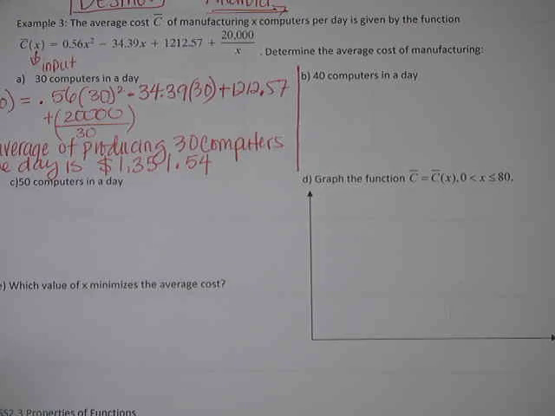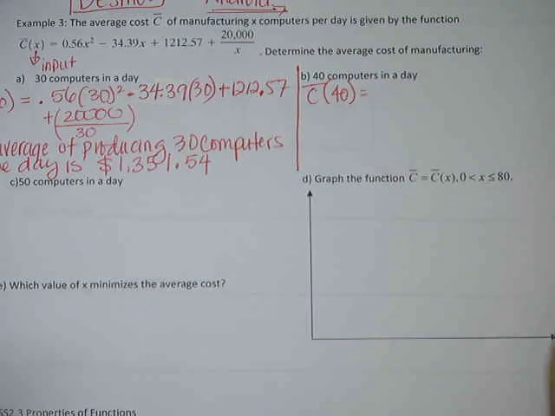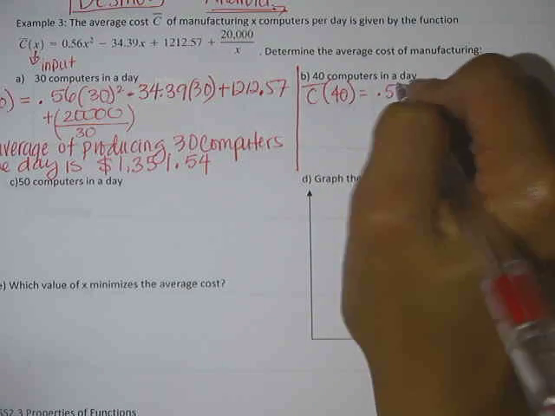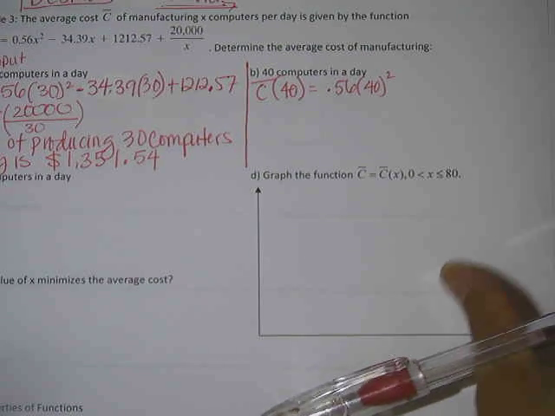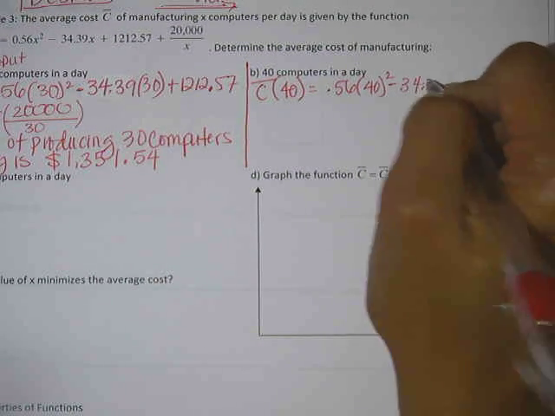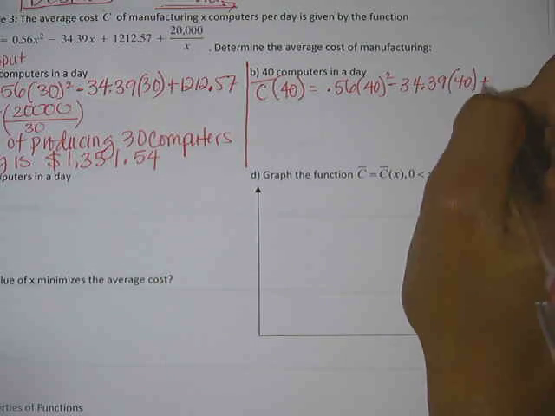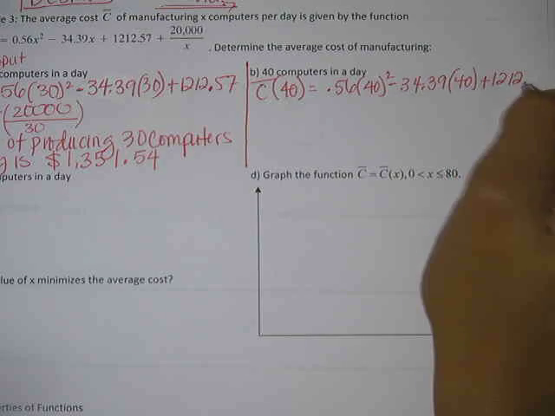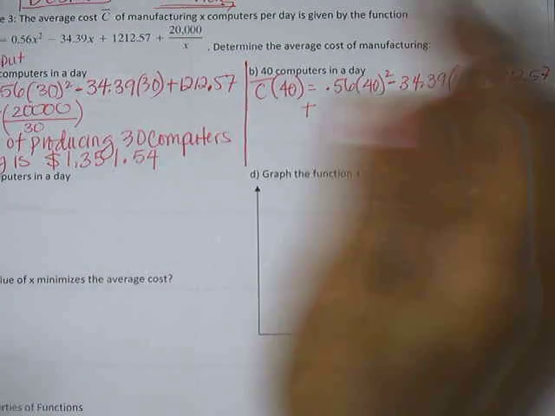Okay? So I'm going to work it out as C of 40 equals 0.56 times 40 squared. I'm going to write smaller because I want to fit it all in. Minus 34.39 times 40 plus 1,212.57 plus 20,000 divided by 40.